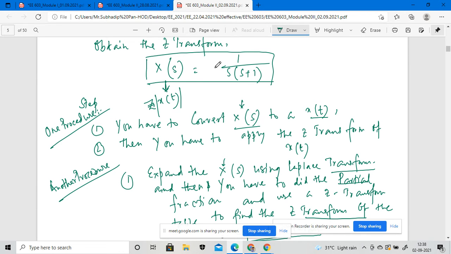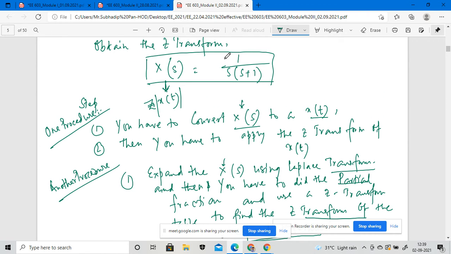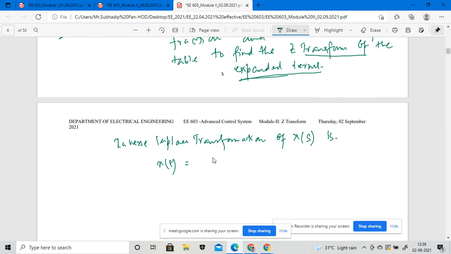If I do the inverse Laplace transformation of X of s, the equation from the table will come like this. The value of X of t will be 1 minus e to the power minus t, for t greater than 0.